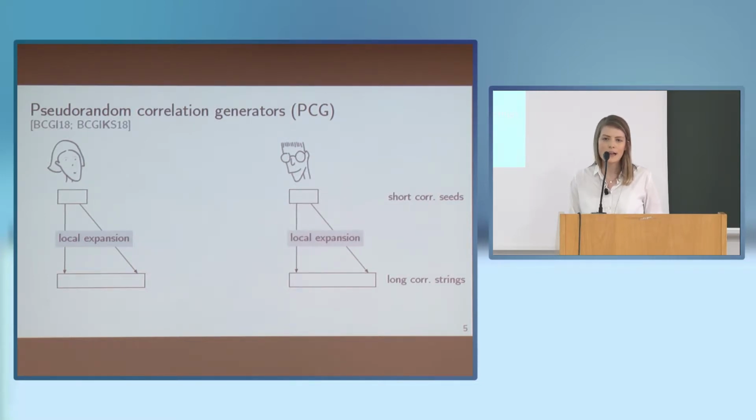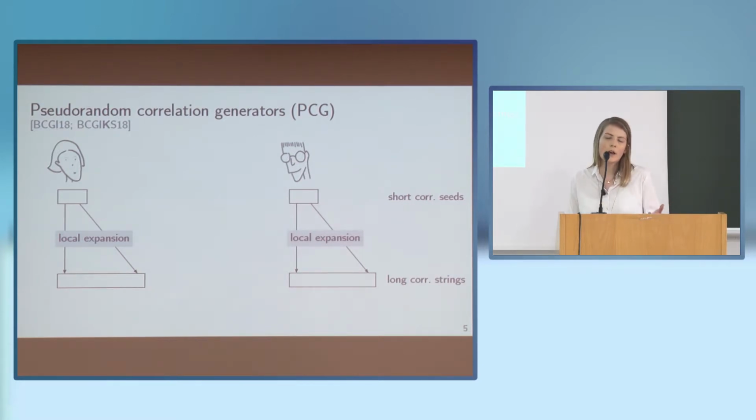For the simplest example, think of a PRG. A PRG is a PCG for the equality correlation. If you have the same seed and you expand it with a PRG, you get long pseudorandom strings that are the same. And this generalizes to all kinds of correlations.